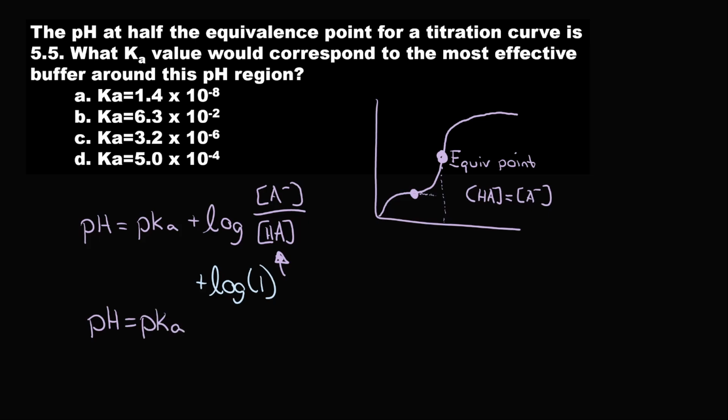So when they tell you the pH at half the equivalence point for the titration curve is 5.5, we want to find a pKa that is very similar to 5.5 because it is equal to your pH at this specific point.